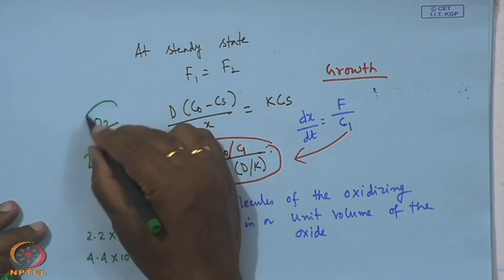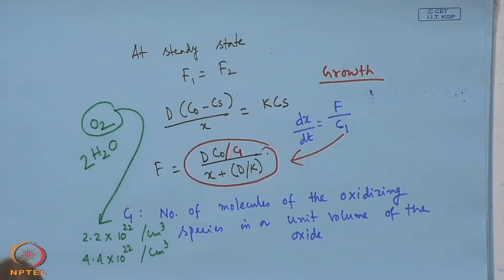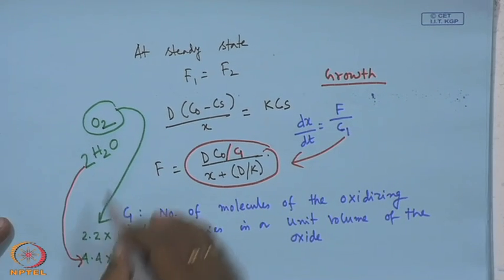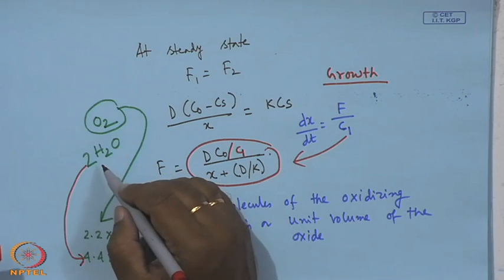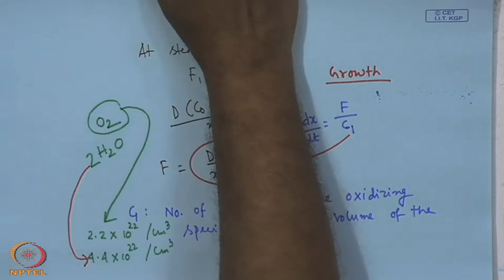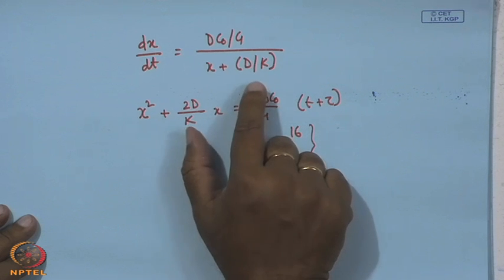So whatever be the value of oxygen, in case of water vapor it must be multiplied by 2, because in a water molecule only 1 atom of oxygen is there, however you need 1 molecule of oxygen. Now, this expression, that means dx/dt equals F by C1, and it equals D C0 by C1, what we have deduced till now.